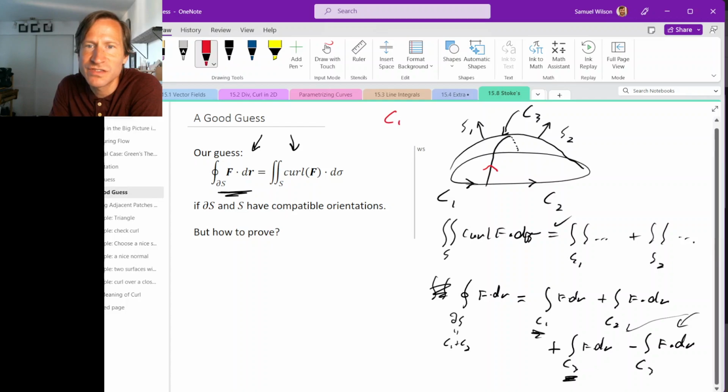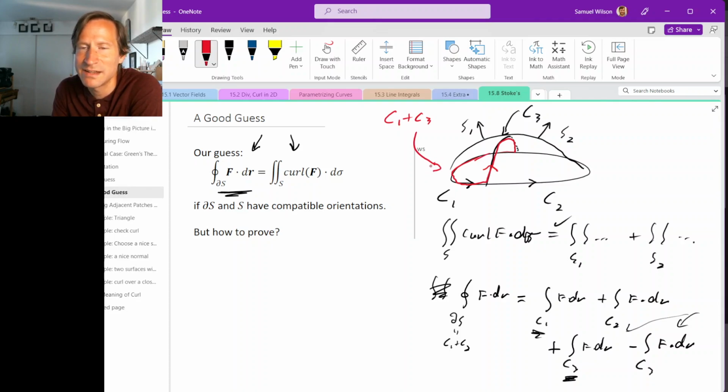But if we look at C1 plus C3, what is the curve C1 plus C3? C1 plus C3 is this way. So C1 plus C3 is that curve. That is the boundary of S1. And now let's look at C2 minus C3.